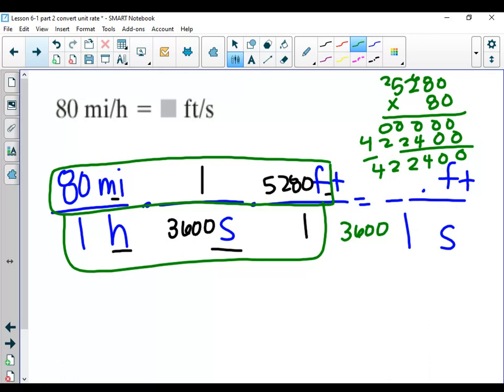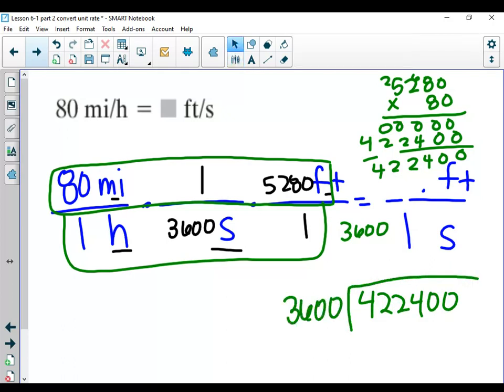Problem's not done, still have to divide. What did I tell you about dividing in zeros? 1, 2, 1, 2.